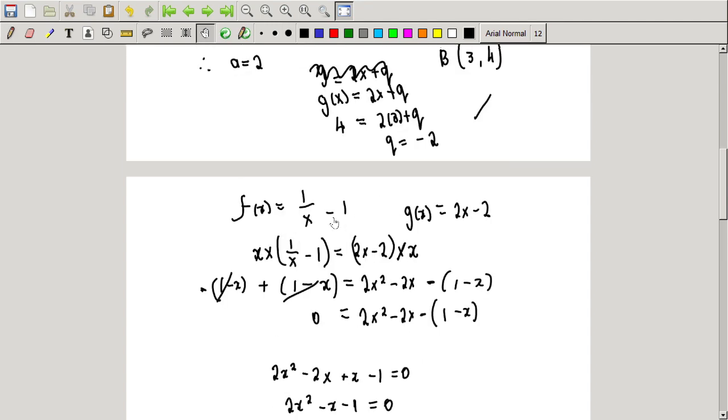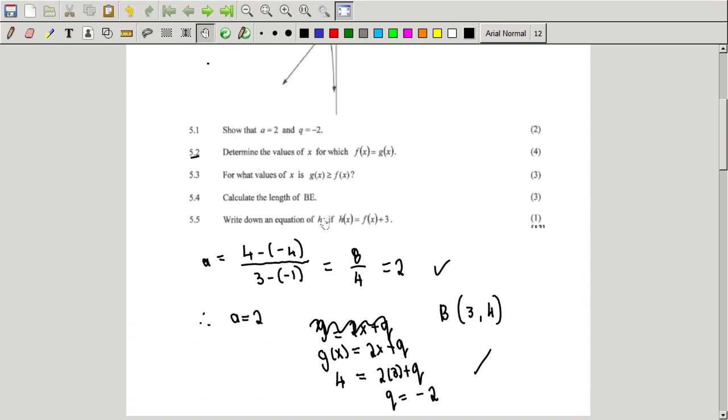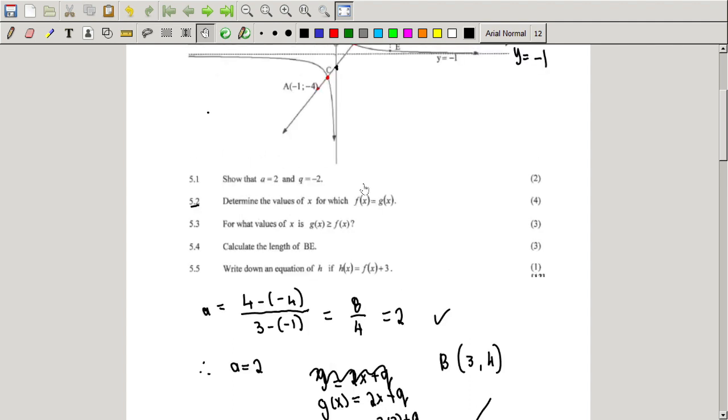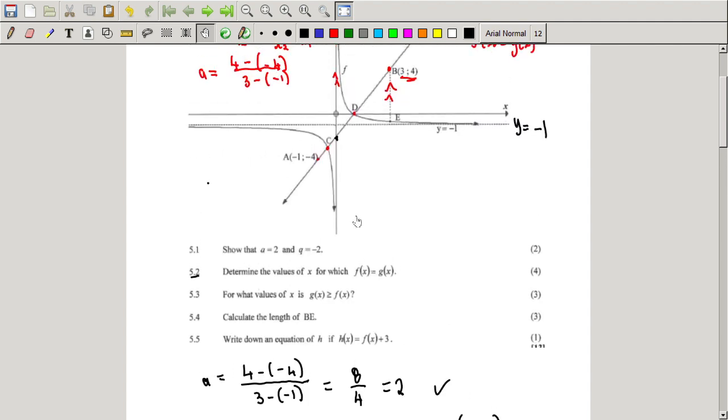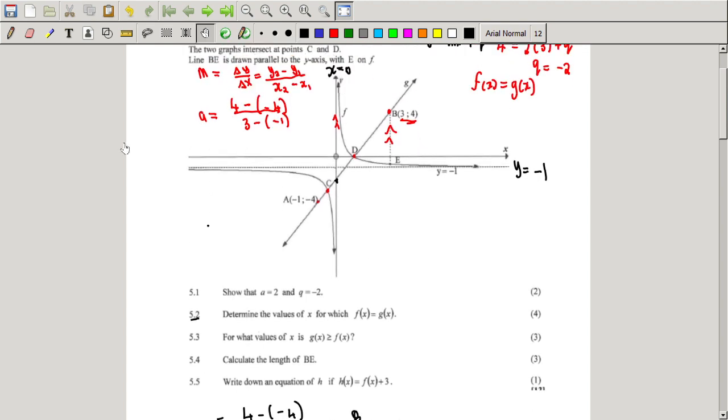Let me go check the question. Yeah, the values of x for which x is equal to that. So now let me go back and check the coordinates that I got. Remember the coordinates that I got for x is -1/2, or x is equal to 1.